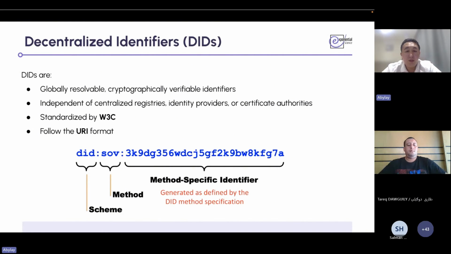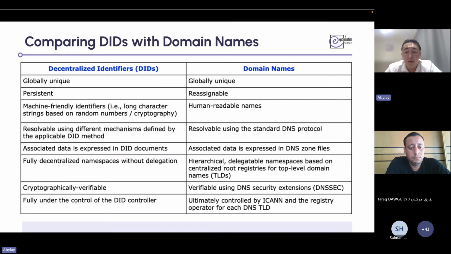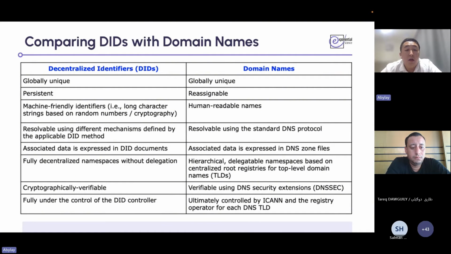It's a standardization organization. It basically follows a URI format, where you have a scheme, method, and method-specific identifier. But what is the difference between DIDs and domain names? This table basically summarizes it. They are both globally unique. DIDs are persistent.